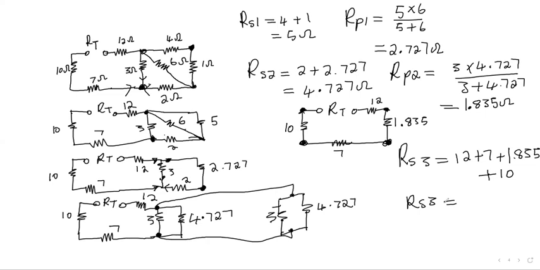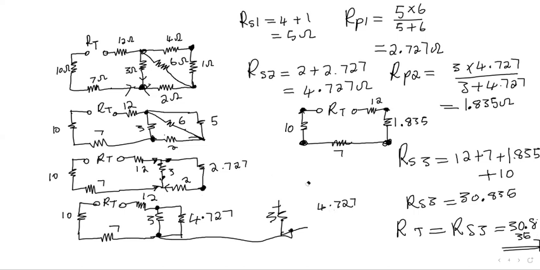The total resistance is equal to 30.835. My RT is equal to my RS3, which is equal to 30.835. Why?